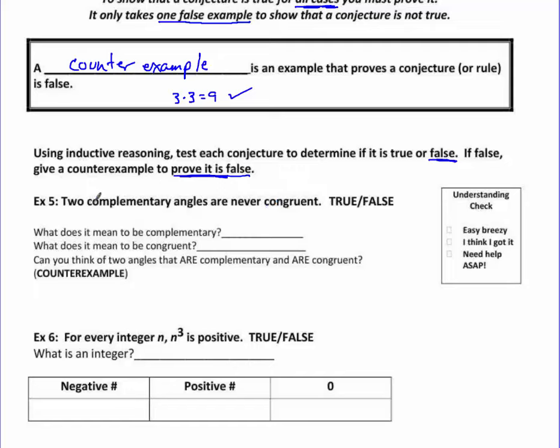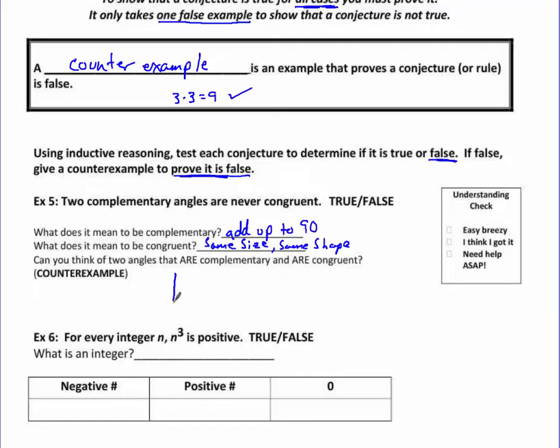Well, you need to break it down and think about it. What does it mean to be complementary? It means it adds up to 90, right? What does it mean to be congruent? Same size, same shape. Can you think of 2 angles that are complementary and are congruent?